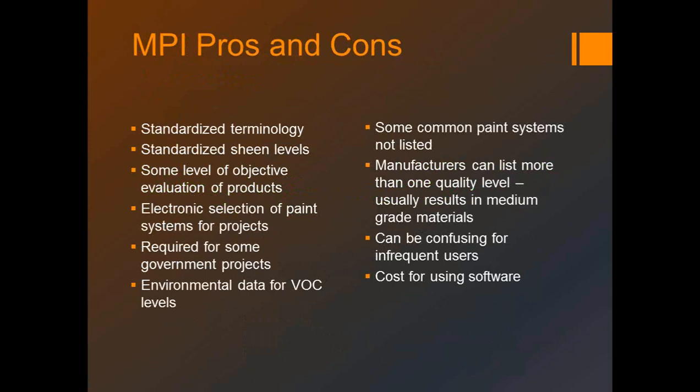So that is one of my pet peeves about MPI, is the fact that you have multiple choices in some of those categories, that can create for less than the level of quality that you may want to establish for your project.